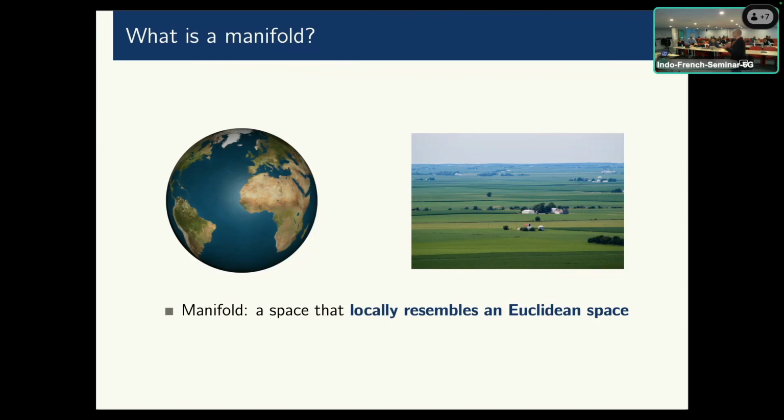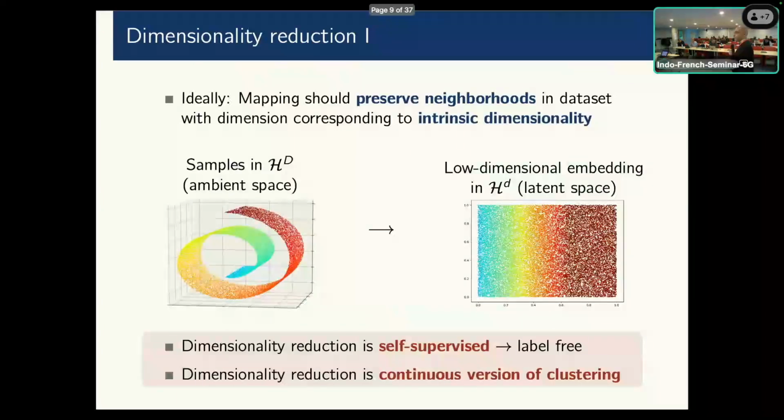So the underlying assumption in dimensionality reduction is that the data set lies on a manifold. I know nothing about this manifold, but it lies on a manifold, and the goal is to try and identify it.